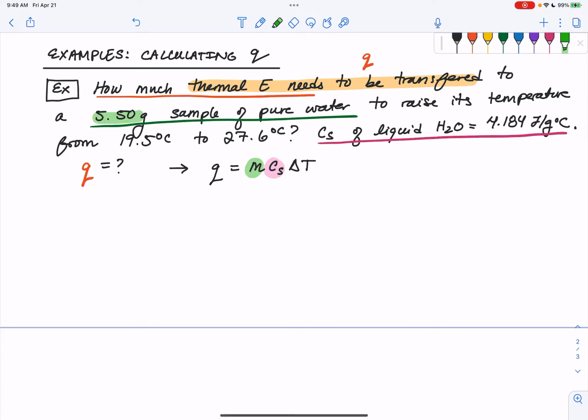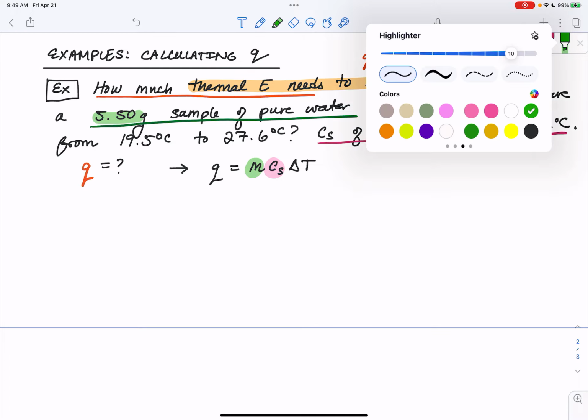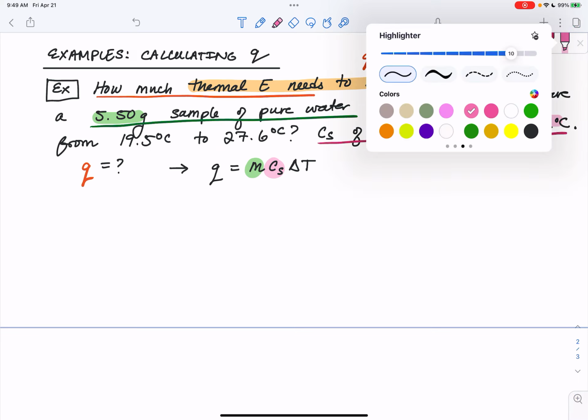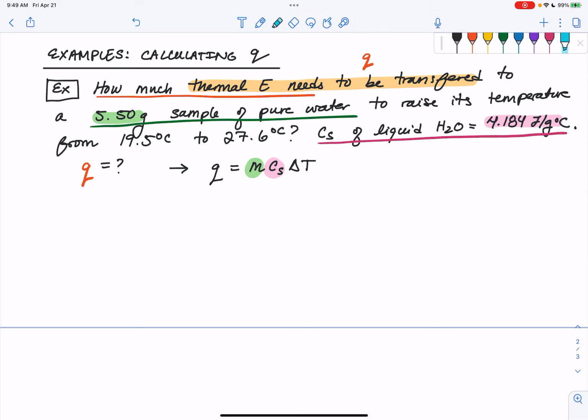So I've got this, and I've got this, meaning that what's left for me to find is my delta T, and I am told that I am raising the temperature of my water from 19.5 degrees to 27.6 degrees C. So let's just pull all of this information out of my problem.